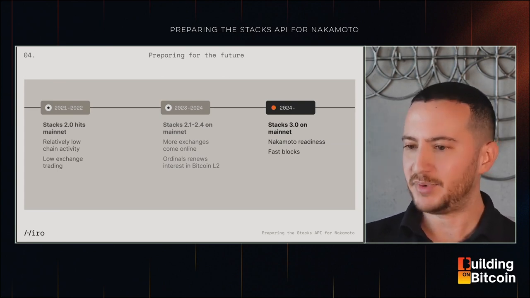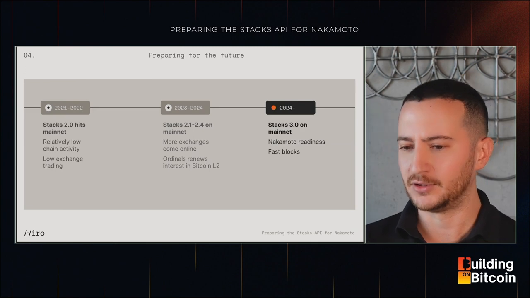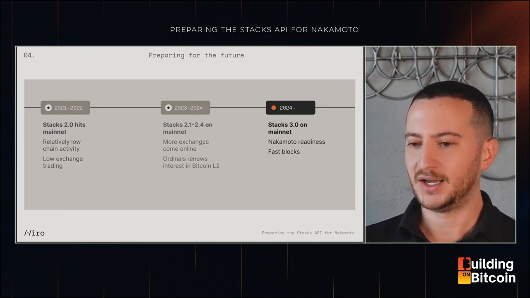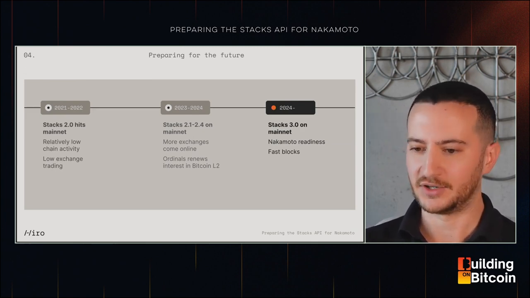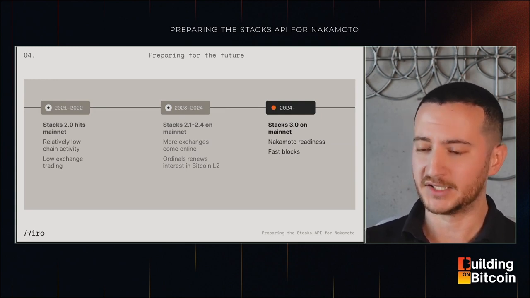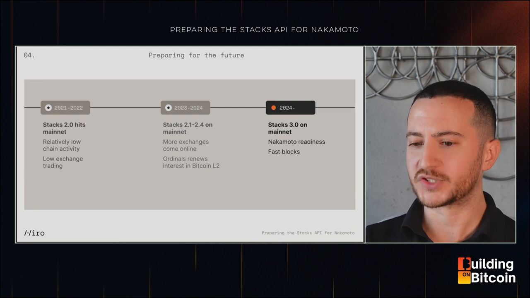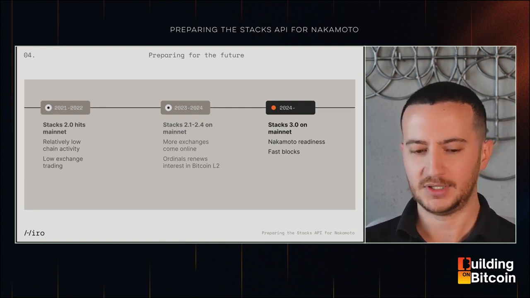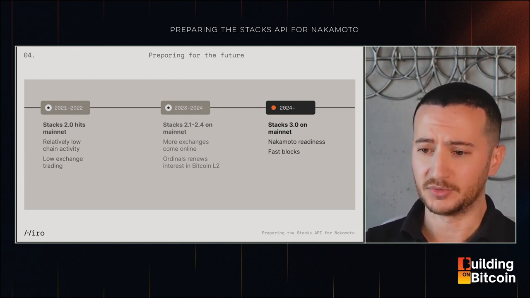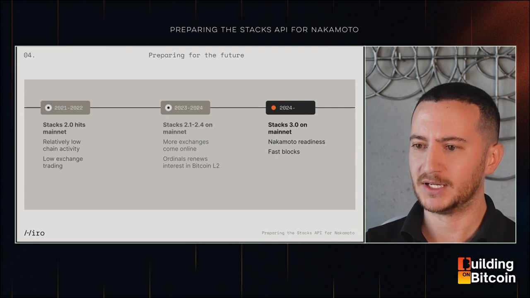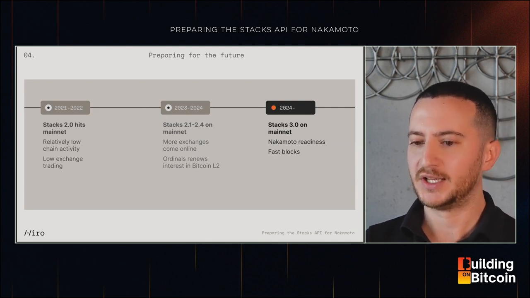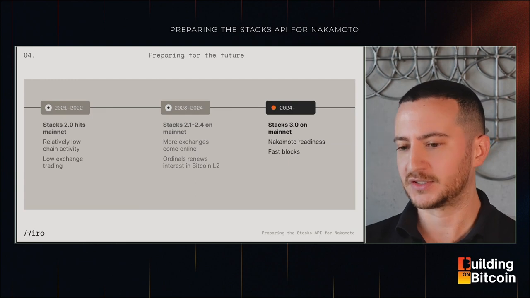So the API has to be able to handle all of these changes gracefully because there is a lot of complexity with dealing with the new mining mechanism and all the new types of transactions. But the most interesting aspect of Nakamoto, the one that's most appealing to a lot of users is the introduction of fast blocks.